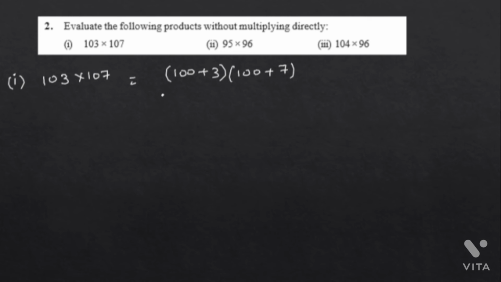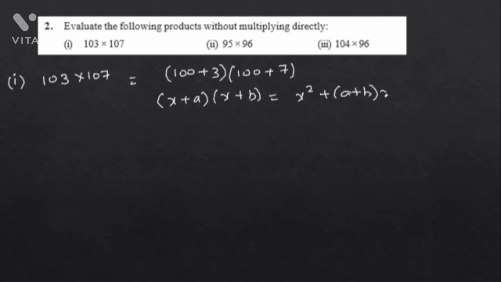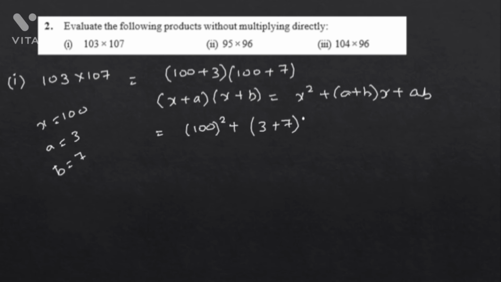So now this resembles the formula x plus a into x plus b. What is the value? It is nothing but x square plus a plus b into x plus ab. In the place of x we have 100, in the place of a we have 3, in the place of b we have 7. So this is equal to 100 square plus a plus b, 3 plus 7, into x value 100, plus ab, 3 into 7.